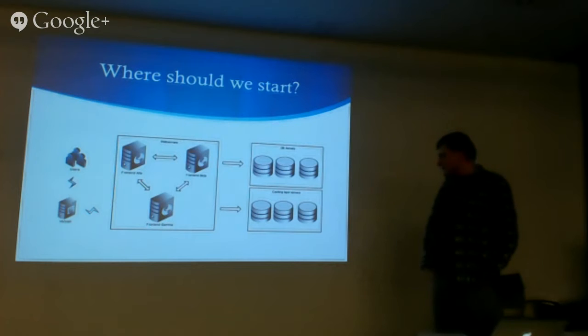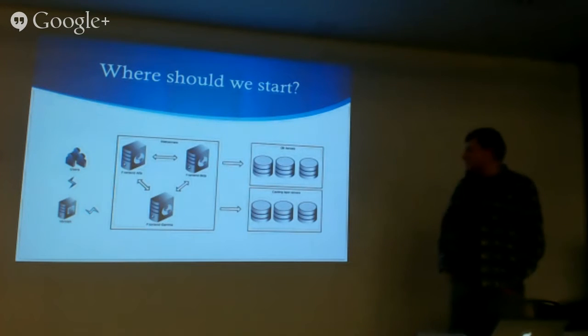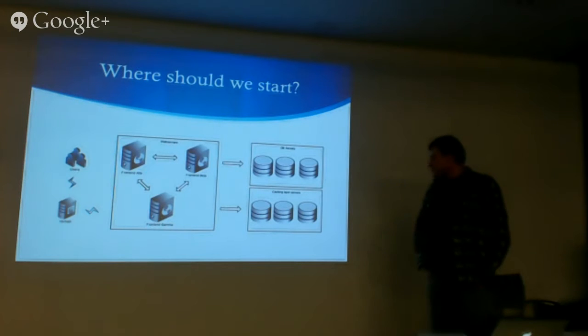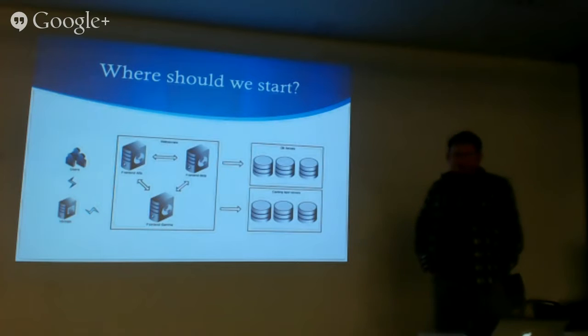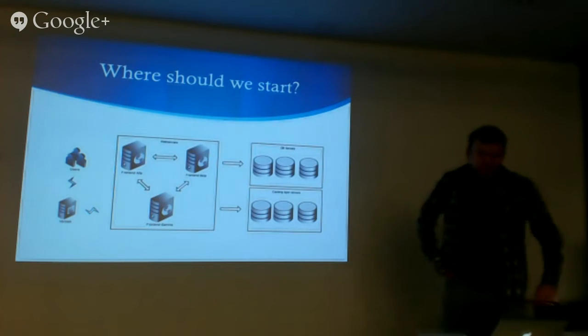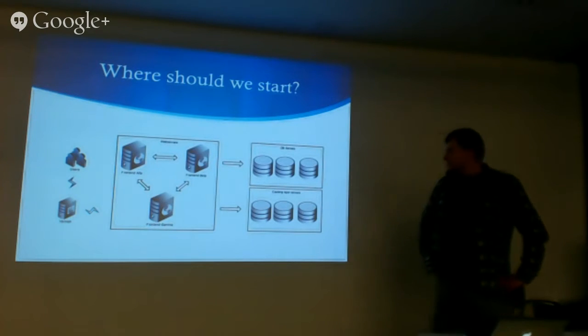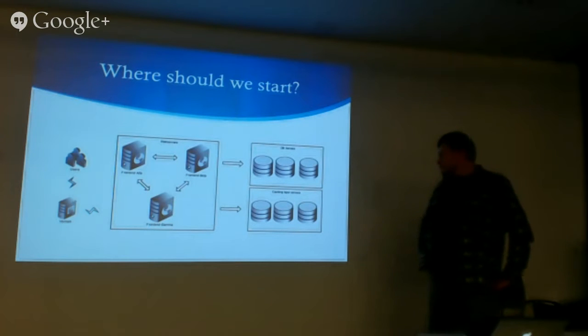We can see that these web servers make use of some external services. They connect to database servers and a whole bunch of servers that form our caching layer. At the beginning of this project, we decided that there was no chance we would be able to build Docker containers for all components that form our platform.